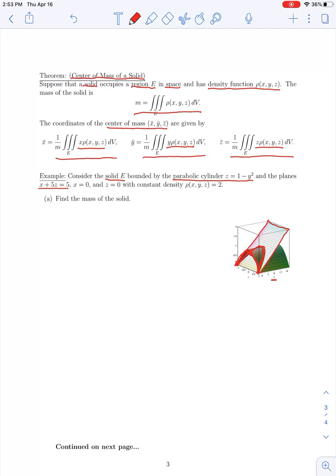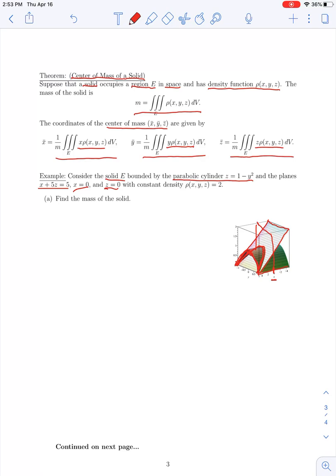And the plane x equals 0, so that is the yz plane. So here when x equals 0, we have this yz plane, looks something like this. And then the plane z equals 0, which would be the xy plane.